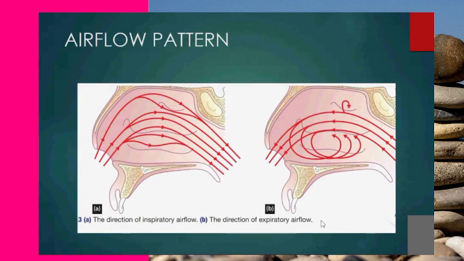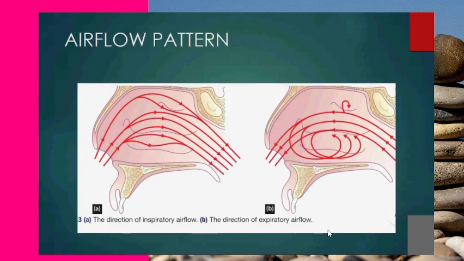After that constriction point, you have a big nasal cavity consisting of numerous depressions and elevations. That is known as turbinates. Because of these depressions and elevations, because of the irregular nature of the nasal cavity, the laminar flow is changed into a turbulent flow.